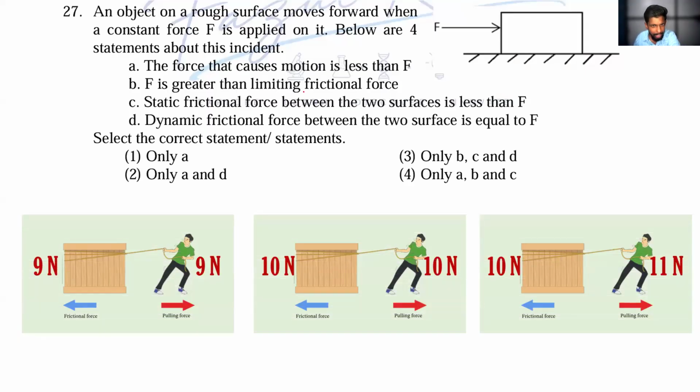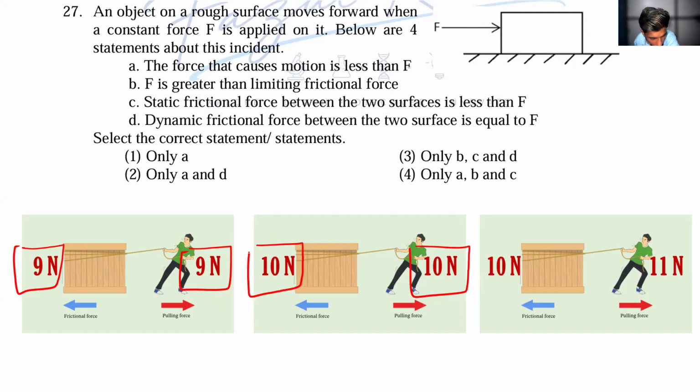Now I'm going to explain the same question once again. Just look at the screen. Here, we're applying 9 Newton. The object is not moving, because the frictional force is also 9 Newton. Then we increase the force up to 10 Newton, and the frictional force also increased. The object is still not moving.